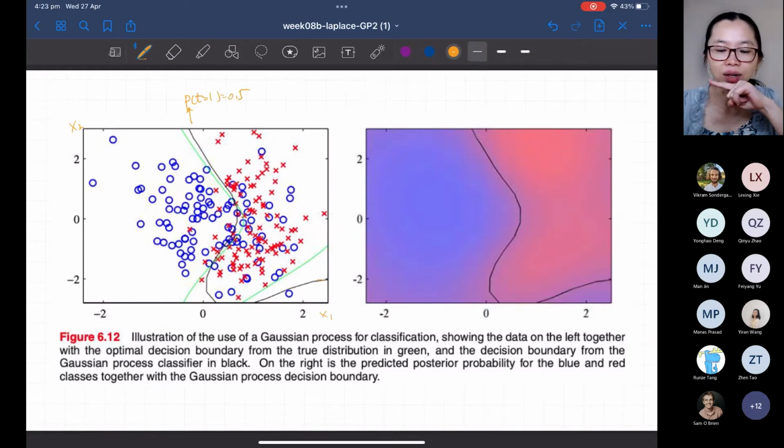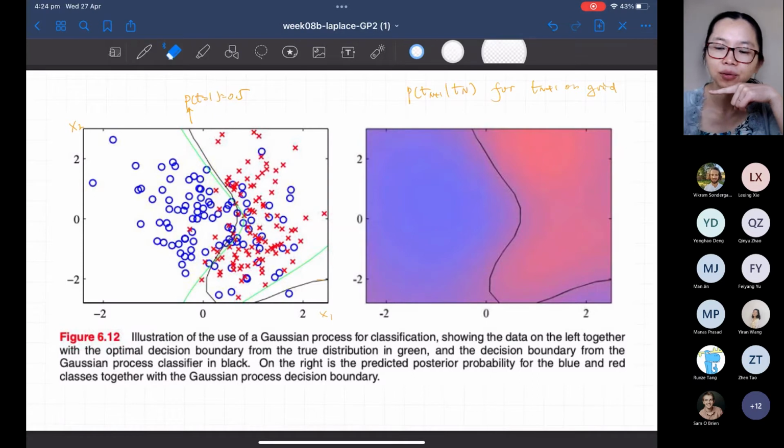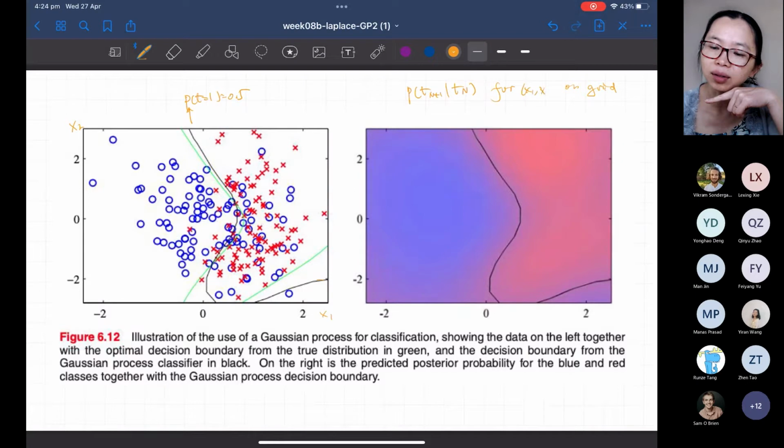It's black. The ground truth boundary for generating the data is green, and the estimates are shaded in blue and red. So this is basically computing Tn plus 1 given Tn for x1, x2 on the grid.